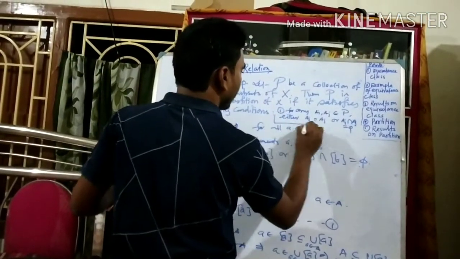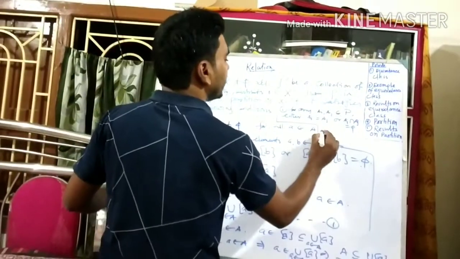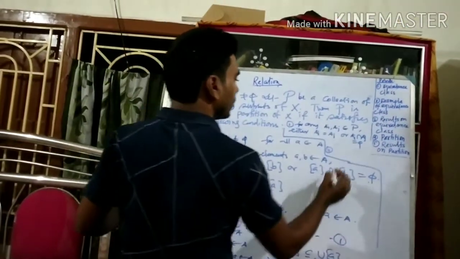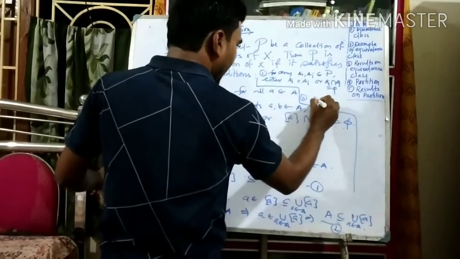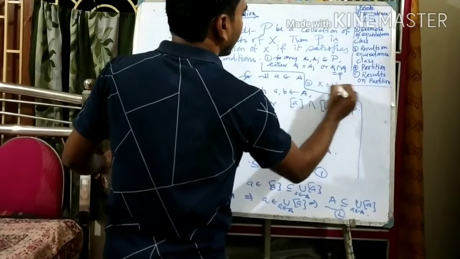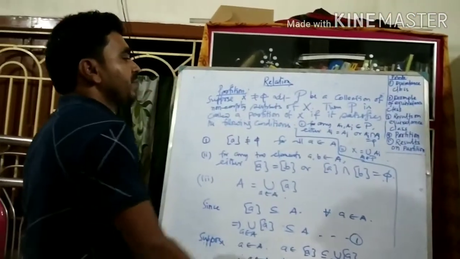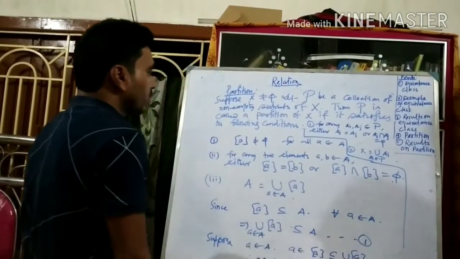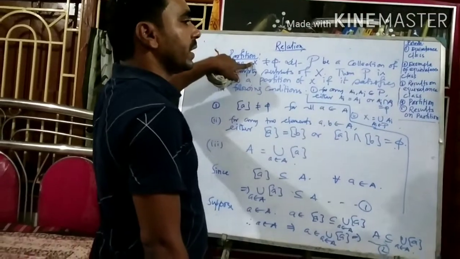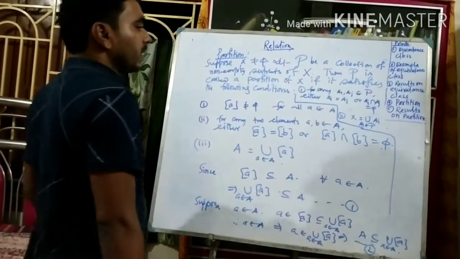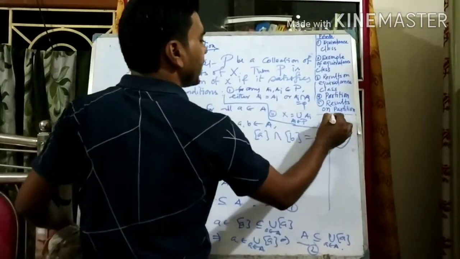This is my first one. Second one is X is equal to the union of Ai, Ai belongs to P. If these two conditions hold, then this collection is called a partition of X. It is something looking like this. Suppose this is my X.